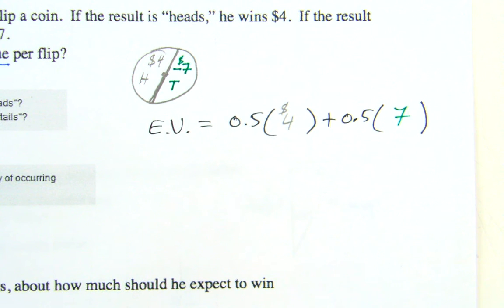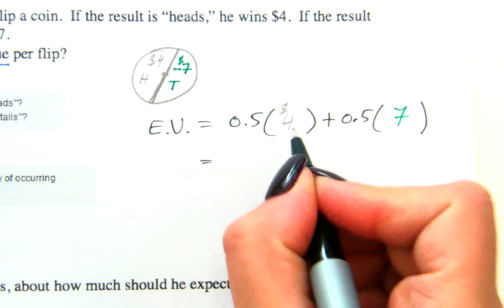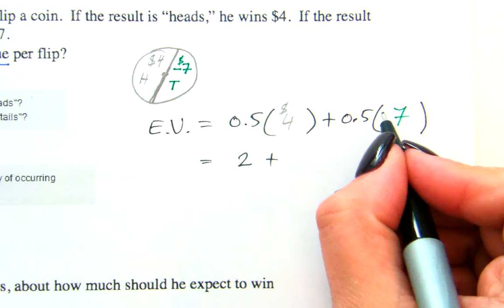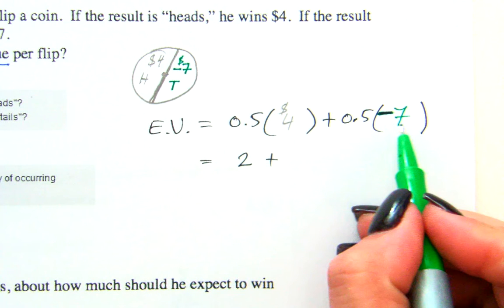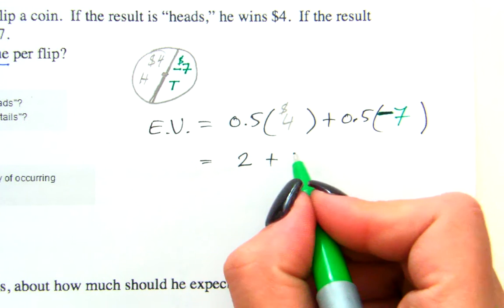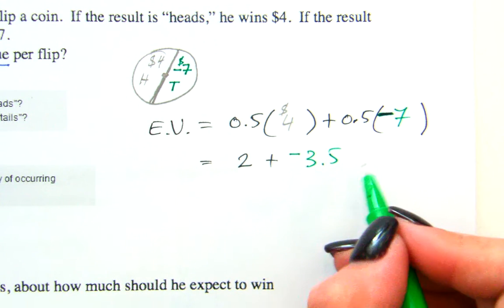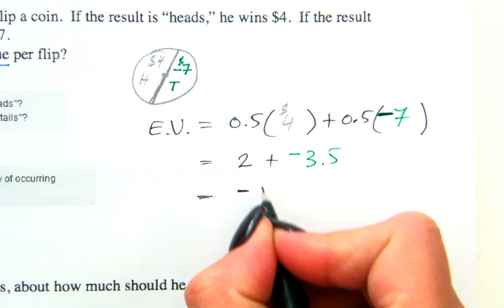All right, calculate it out. What's your expected value? Half of $4 is $2, right? Plus half of negative 7. Oh my goodness, we almost messed that one up. Plus negative 7 times 0.5. So that should be negative 3.5, right? Because half of 7 technically is negative 3.5. So your final outcome is going to be negative 1.5.